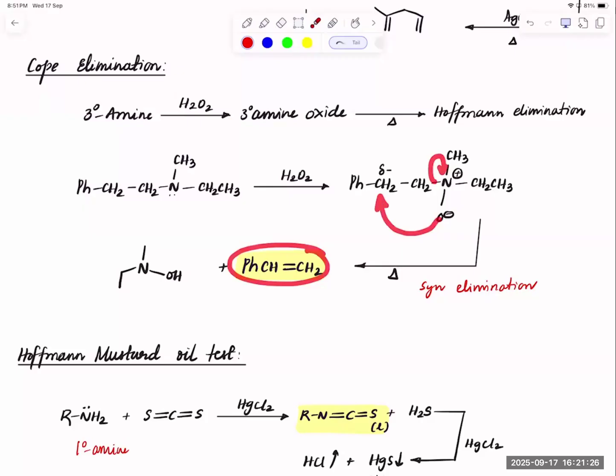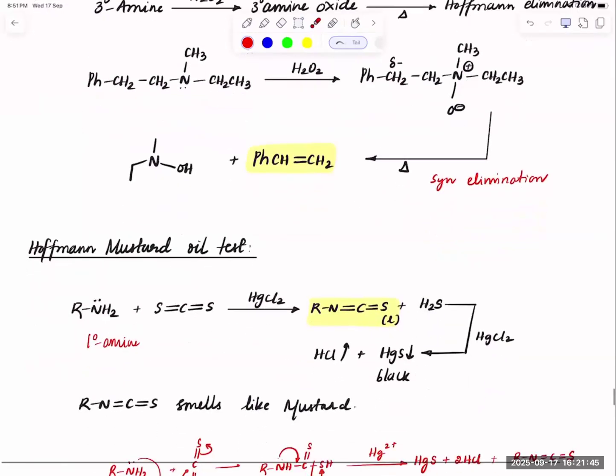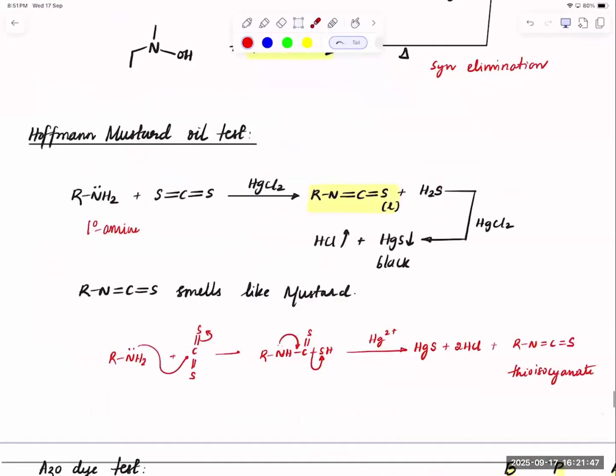O minus will take H plus from here, and this is a product of nitrogen, and an alkene product will be formed this way. So this type of elimination is a syn elimination. Syn elimination as in internally within the same side, both nitrogen's removal and hydrogen's removal are on the same side. That's Cope's elimination.